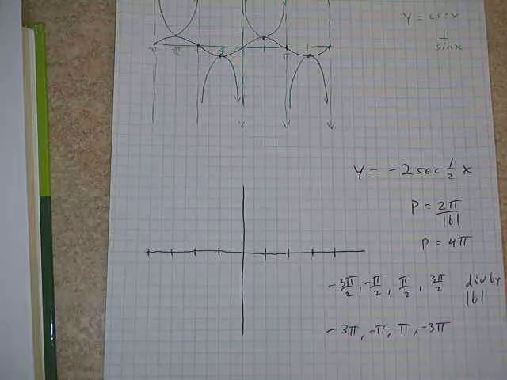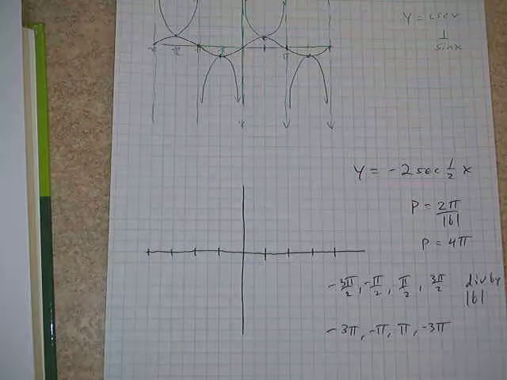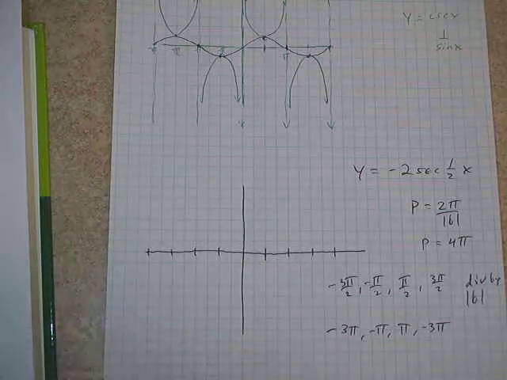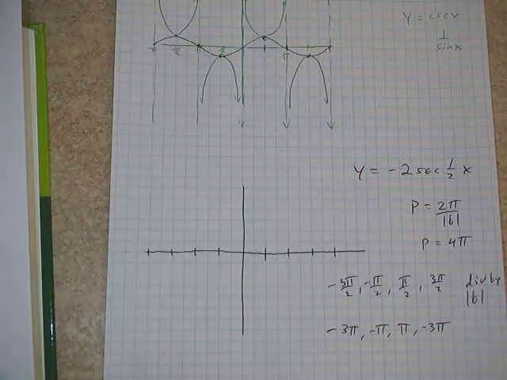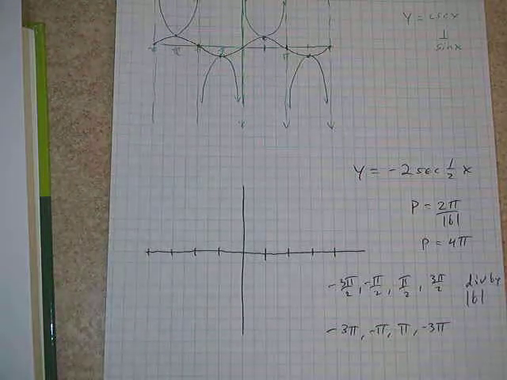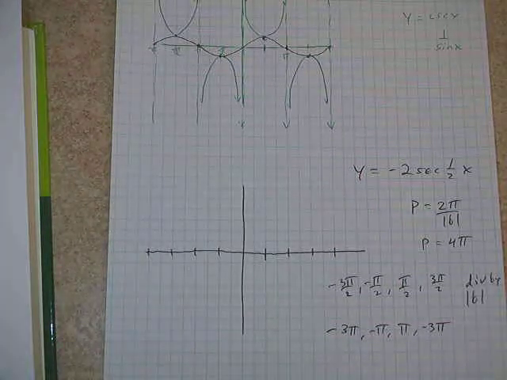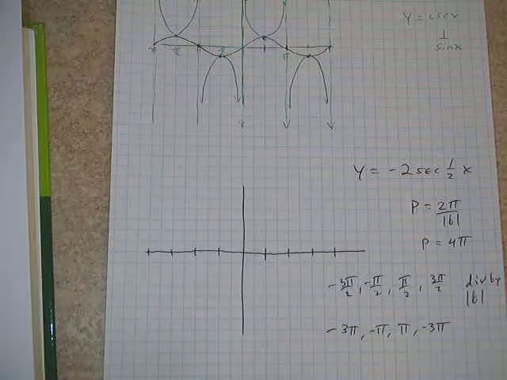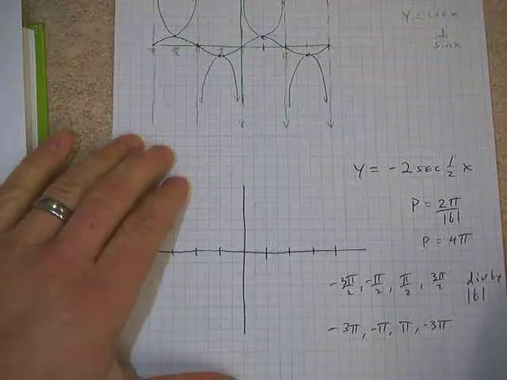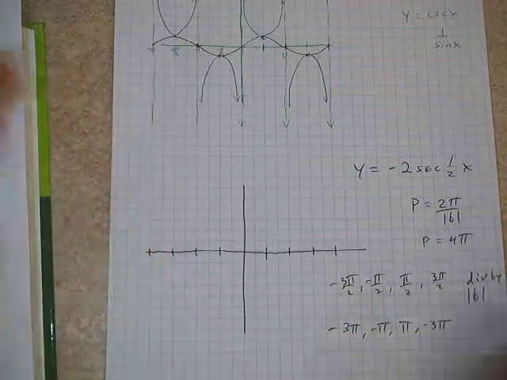That means negative 3 pi, negative pi, pi, and 3 pi are going to be my new asymptotes. I'm doing it just like I would do the period. If I can find the period by dividing by b, then I can find the new asymptotes by dividing by b.